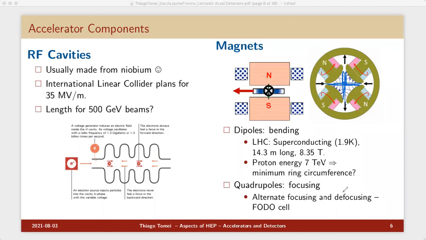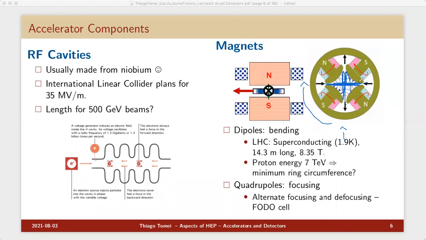So you use the quadrupoles to focus, but you know that if you focus in one of the axes, you defocus on the other. So the answer is something that's called the FODO cell, where you have a pair of quadrupoles that are twisted 90 degrees with respect to one another.